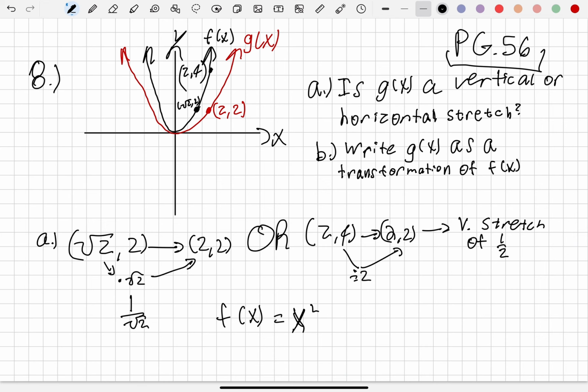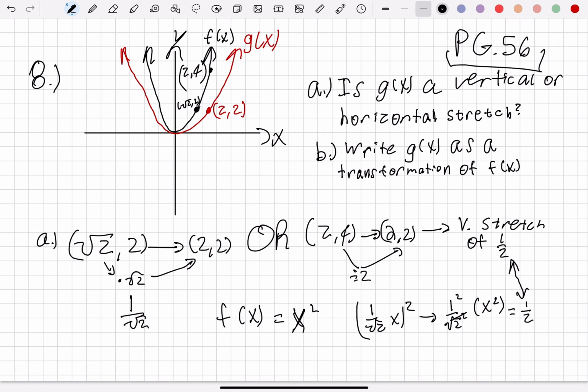So what's interesting is that if we have a horizontal stretch of 1 over radical 2, and we imagine that that is attached to our x, and that is squared, if we pull that out, it now becomes 1 squared over radical 2 squared, and then x squared, of course, which is just equal to 1 over 2. Meaning that a vertical stretch of 1 over 2 and a horizontal stretch of 1 over root 2 is the same thing for a parabola.